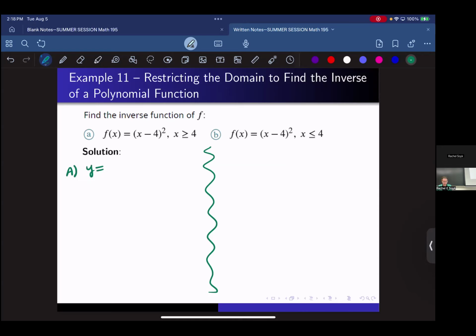Again, write it in terms of y, swap out the x's and the y's and solve. Now, in this particular example, you're going to have to use your knowledge of FOIL. Well, do you? No, I wouldn't. I would just go straight into taking the square root.